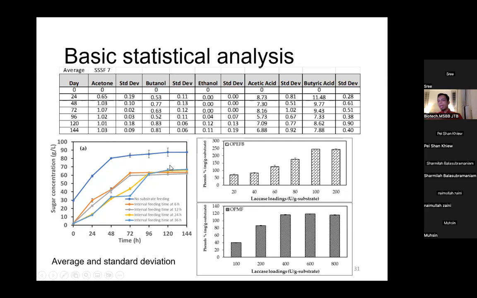At the end of the analysis, we can see that all the results show no significant difference. Even if you compare between each of the plots, you can see there is no significant difference because the error bars are attached to each other, right?